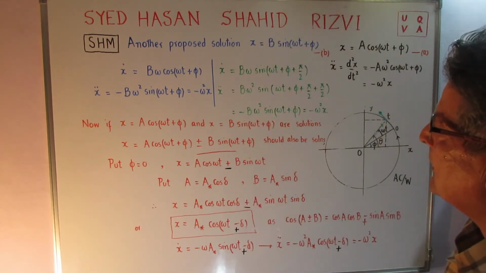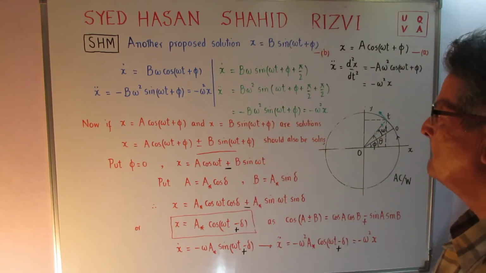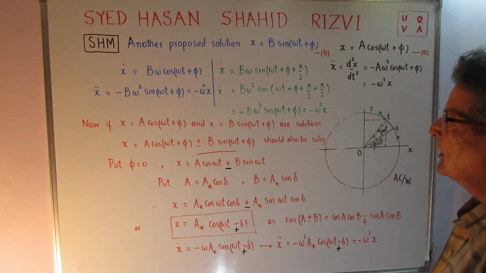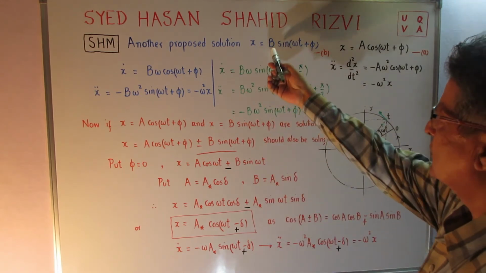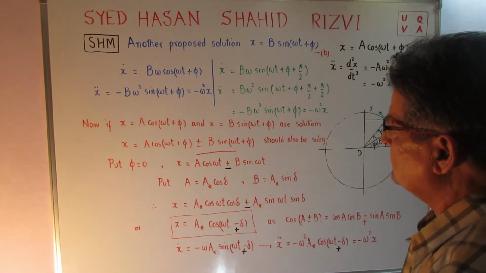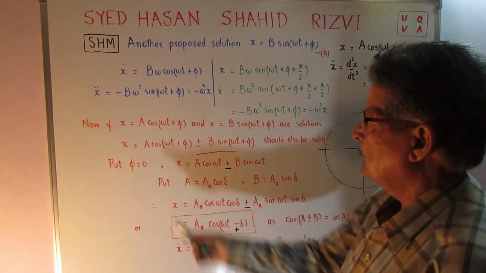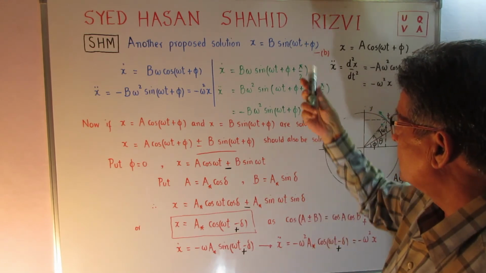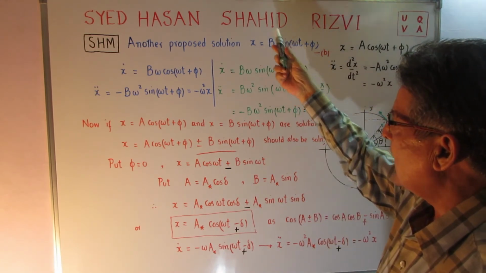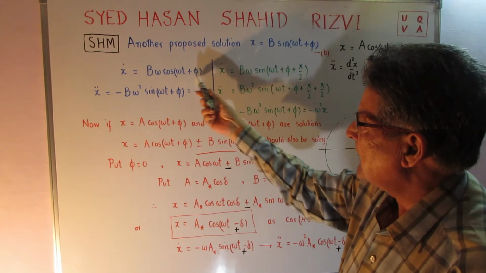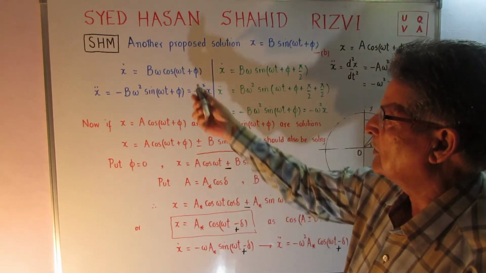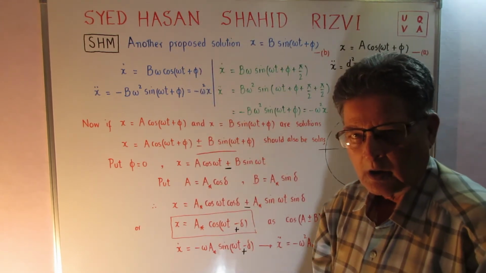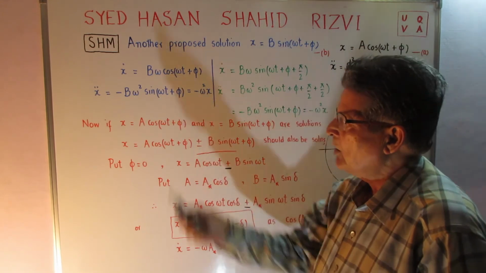Now let us have another proposal. Let the proposed solution be x is equal to b sine of omega t plus phi. If so, then I differentiate it once with respect to time. For a sine function I will get a cosine function, and in the argument it will turn out to be the same, and omega will come out.